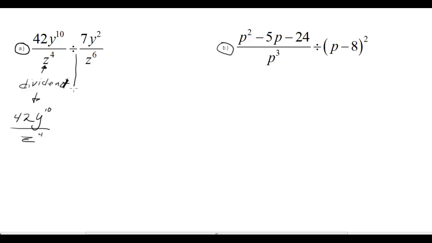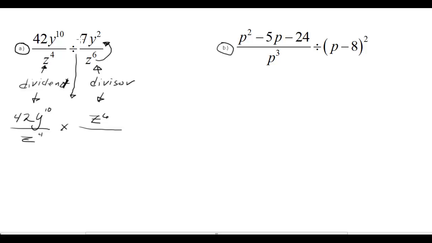All right, now we take the division sign and we make that a multiplication sign. And now we're going to invert the divisor. This is the divisor, and we're going to invert it or flip it. That means we're going to take the denominator and make it the numerator. So that becomes z to the 6th.